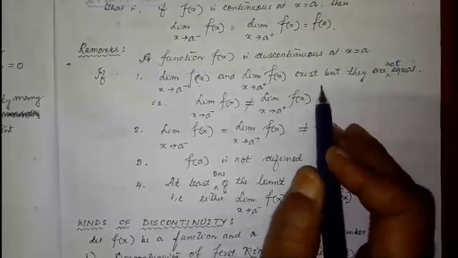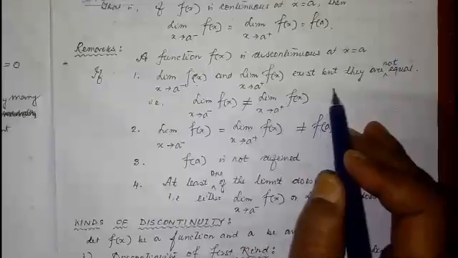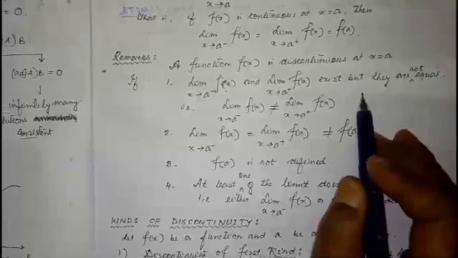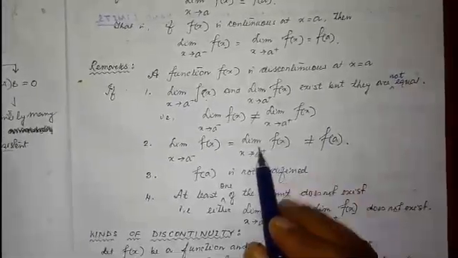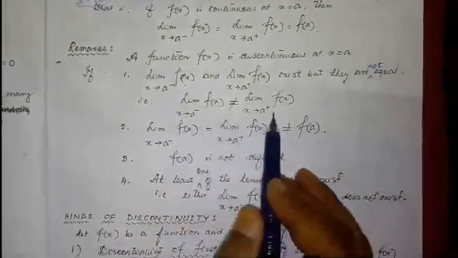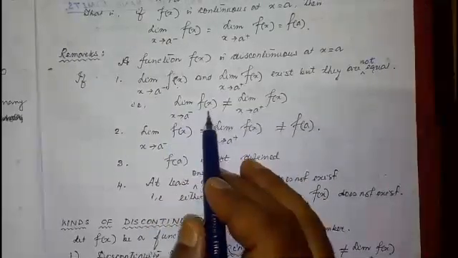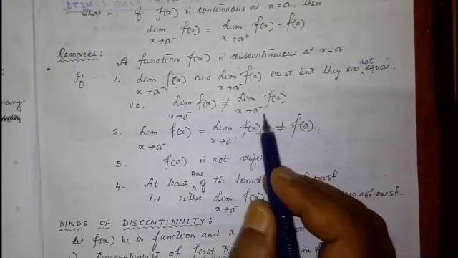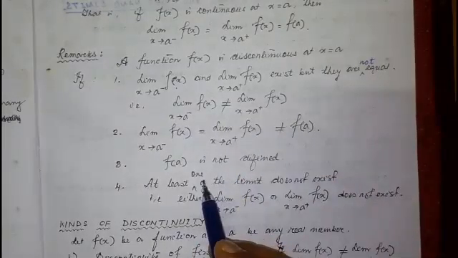Then it is said that the function is discontinuous at x = a. That is, limit x tends to a minus f(x) is not equal to limit x tends to a plus f(x).